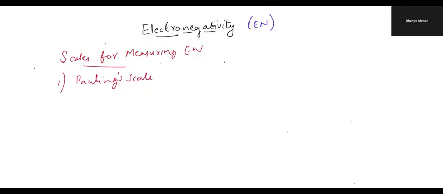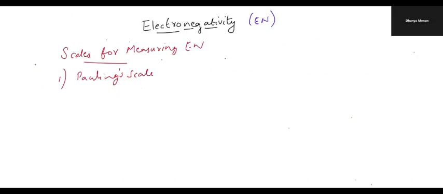Okay, students, the next topic that we are going to learn about is scales for measuring electronegativity. The first scale is the Pauling scale, and it was made by the scientist Pauling. We learned that electronegativity is a relative property, right?